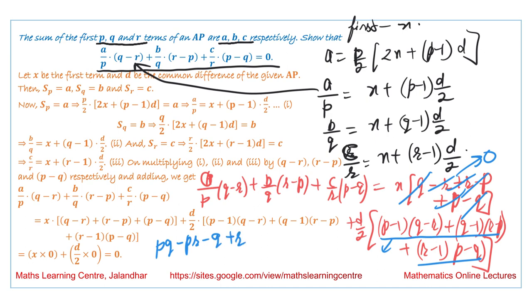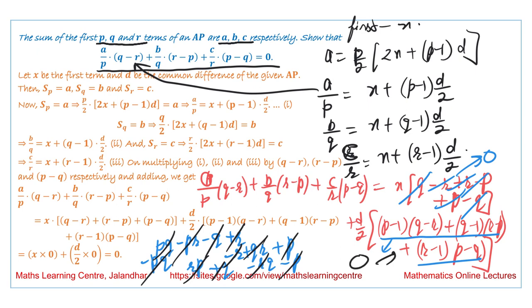Next we have qr minus pq, and then it is minus r plus p, and from the last term we have rp minus rq, then it is minus p and plus q. Now again in these terms q gets cancelled, r gets cancelled, all these terms get cancelled, and the value of this term will be 0.